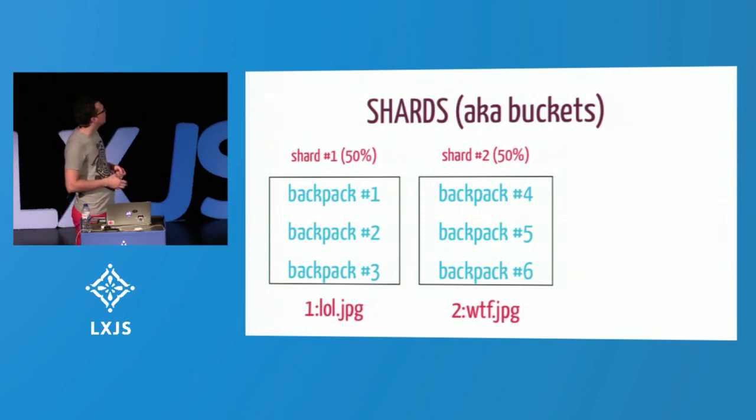So if you want to retrieve LOL JPEG, you can't just use every shard and every node. That's the number before the actual file name that gives you the shard number. And you can ask for this file on any node of this shard.